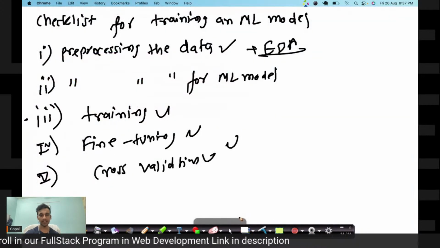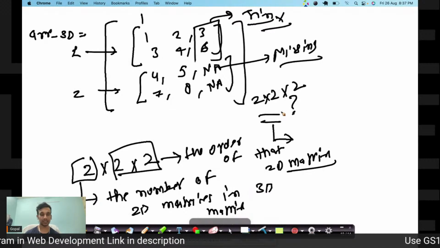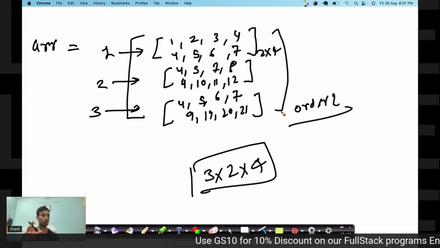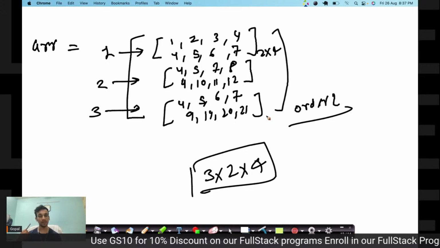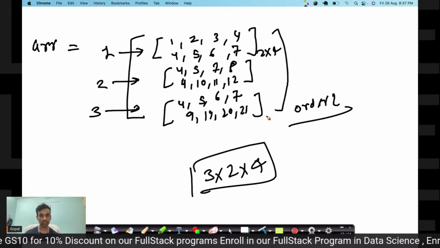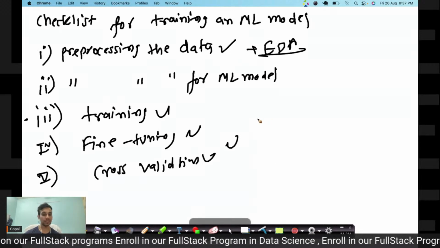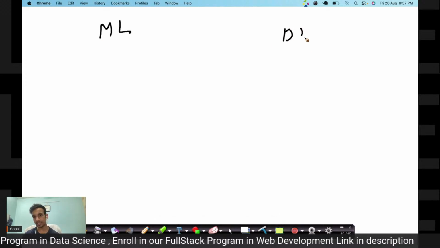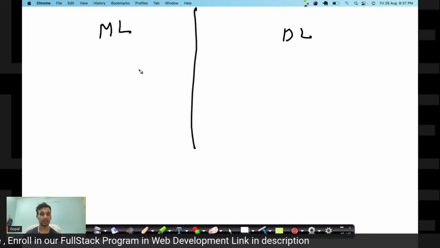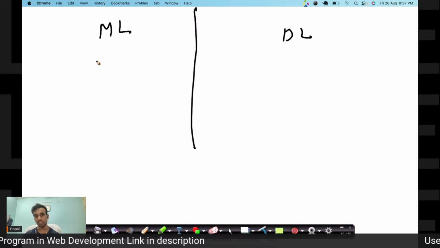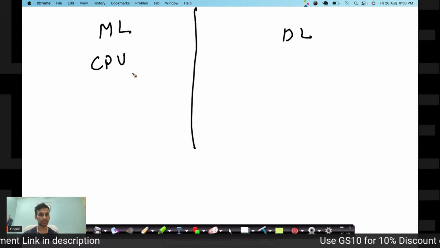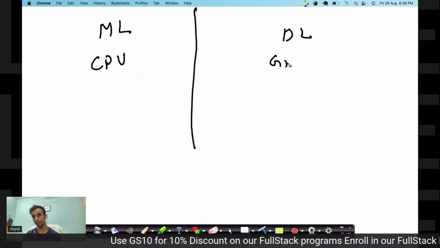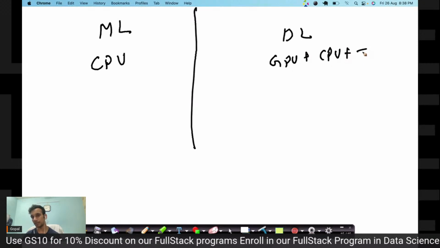Let's see. Whatever we have seen here, like these multi-dimensional arrays, the training process, the cost functions, the way we determine the goodness of an estimation, is all with the help of machine learning. If we talk about machine learning and deep learning, what exactly is the problem, or how exactly is DL working? Machine learning is mainly supported only on CPU processes. DL supports GPU plus CPU both, and now TPU as well, the tensor processing unit.